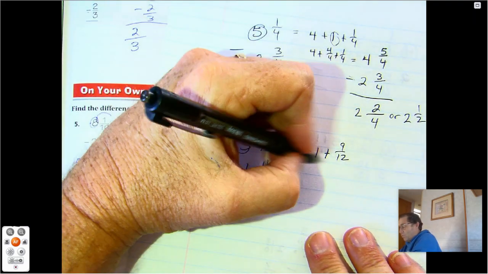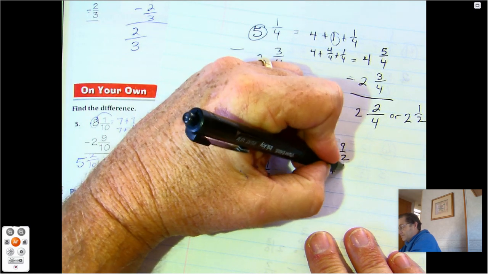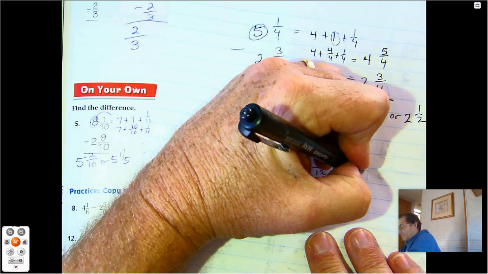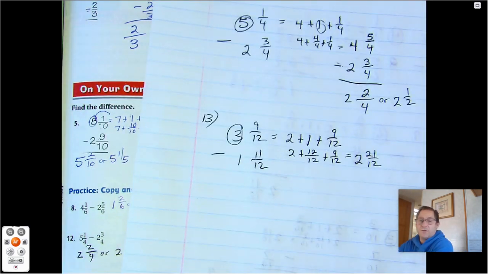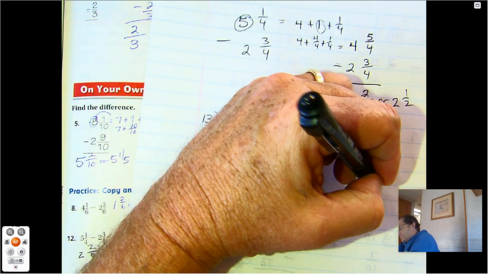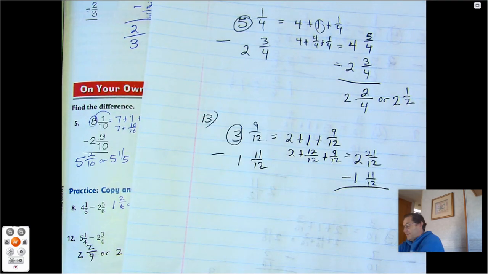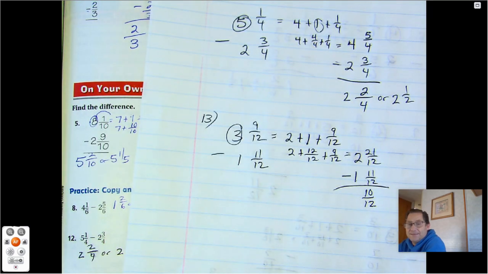And we're going to rename the 1 whole as 12/12 plus 9/12. So 2 and 21/12 is the same as 3 and 9/12. Now we can take away 11/12. That gives me 10/12. 21 take away 11 is 10.